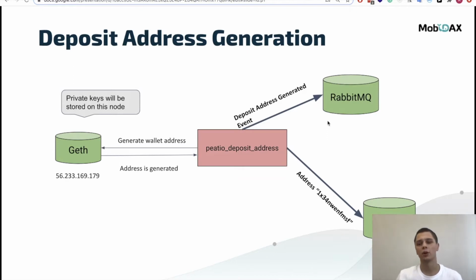I will probably talk later about RabbitMQ and all different other backends that we have featured in the platform. But basically, this one is used to send messages across different applications. So how could this work? The deposit address daemon sends an event to RabbitMQ, and then we have a mailer, for example, or a postmaster in earlier versions, that can consume that event and send you an email saying you generated a deposit address.